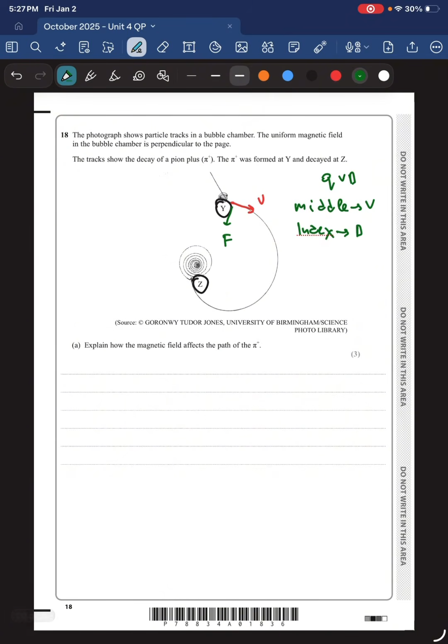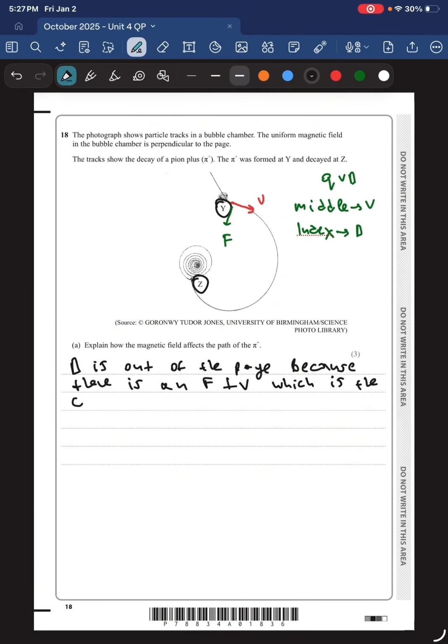So we can write that B is out of the page because there is an F which is perpendicular to V, which is the centripetal force bending the pi plus from Y to Z. And that's the answer.